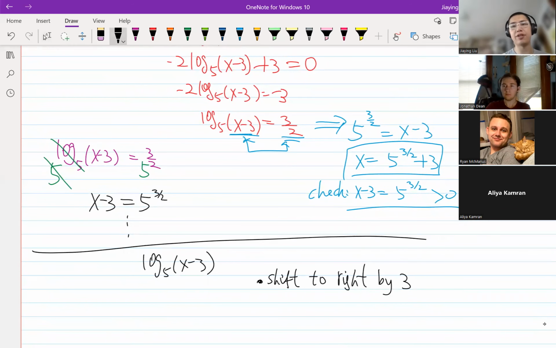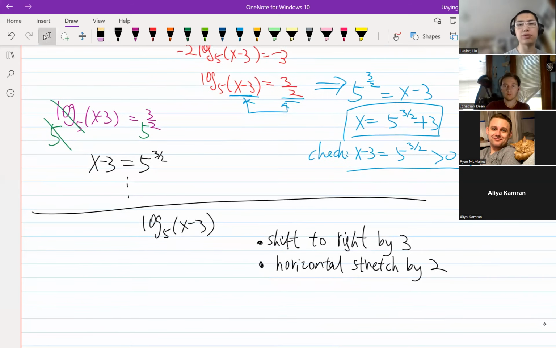So let's say I have this, and then I'm going to add a horizontal stretch by 2. And where do I put the 2? Do I put it in front of the x directly, or do I have to put everything in parentheses first? So here are the two things.